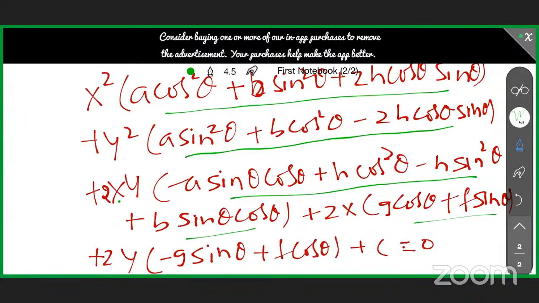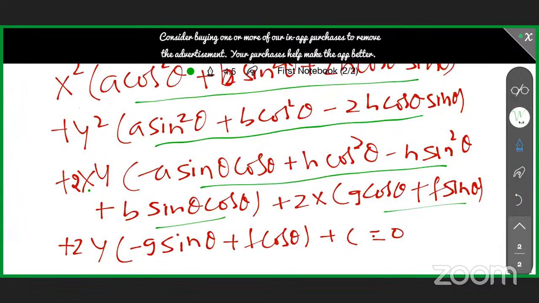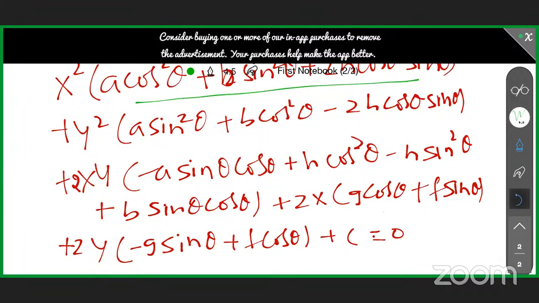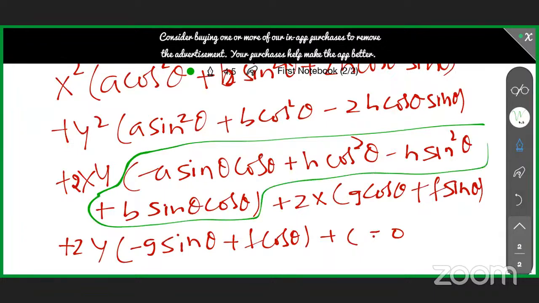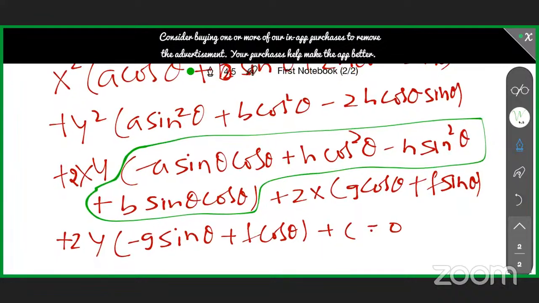In the beginning of the theorem itself we told that our main aim is to eliminate the xy term. So if I want to eliminate the xy term, that means my entire coefficient should be equal to 0. Yes or no? Yes, sir.